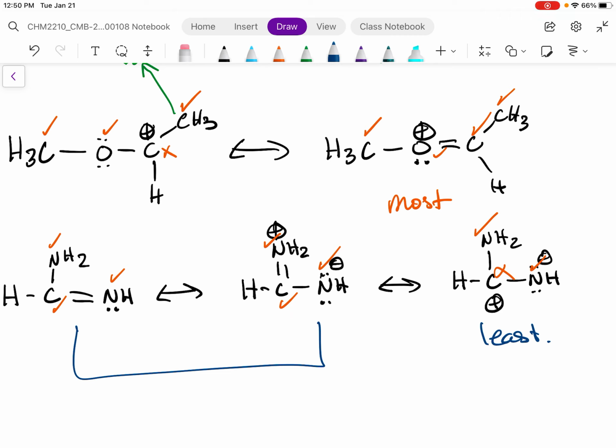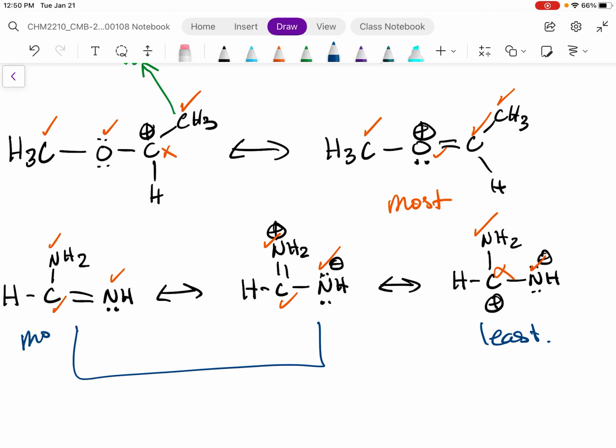And that's why we have to go to rule number 2. The structure with fewer formal charges is more significant. Okay? Did you hear that? So the structure with fewer formal charges is the more significant. So which one's the most significant one? The one on the far left, because it has no formal charges, and this one has 2.